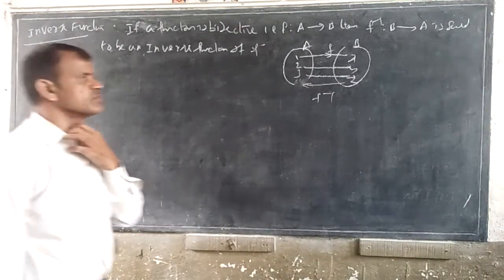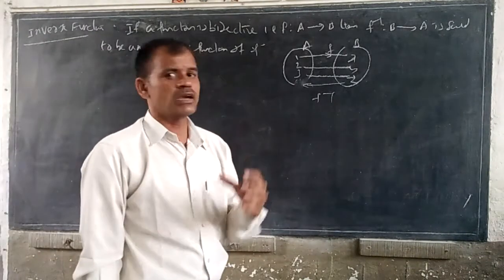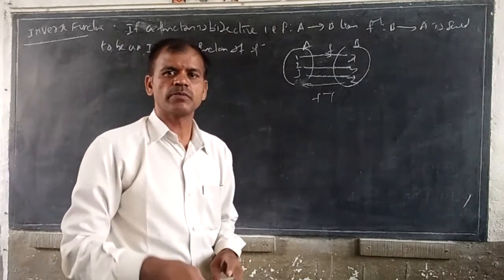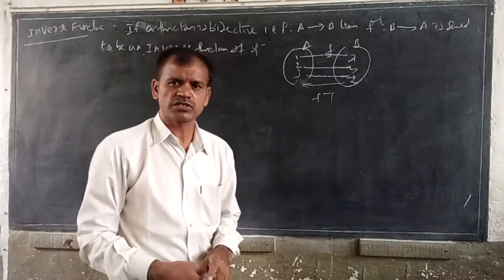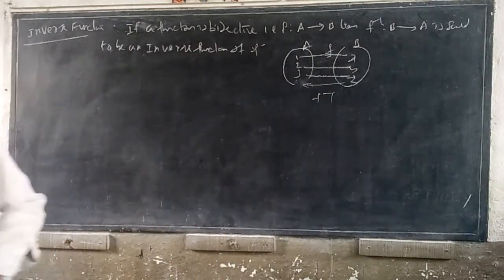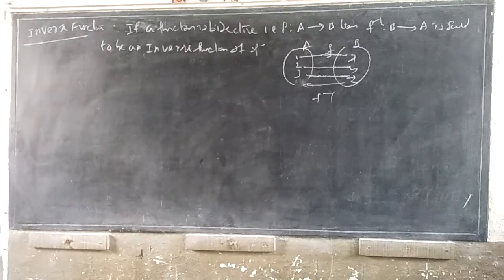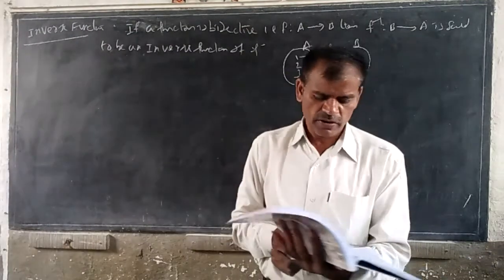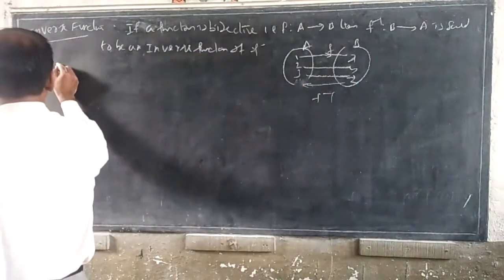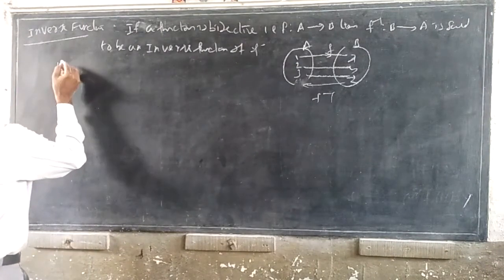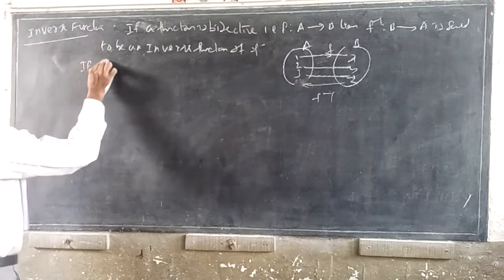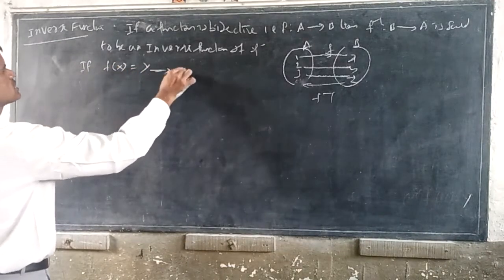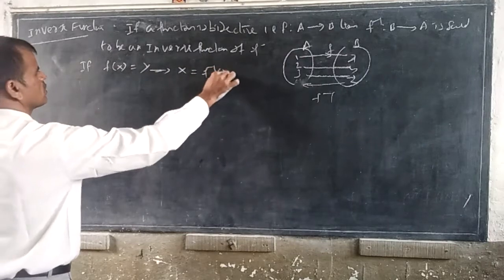For every inverse function, we should calculate the values depending upon the domains of each function, whatever they are given. Now f maps, say, from 1 comma infinity to 1 comma infinity. The next concept I am taking: if f of x is equal to y, that implies x is equal to f inverse y.